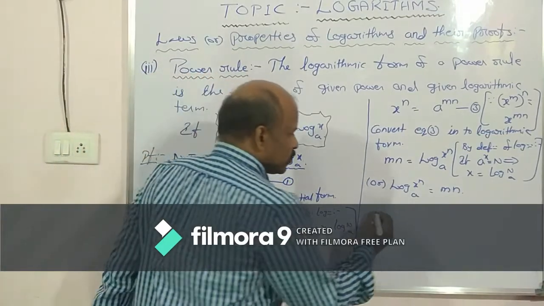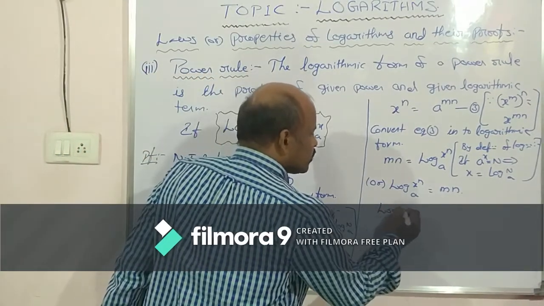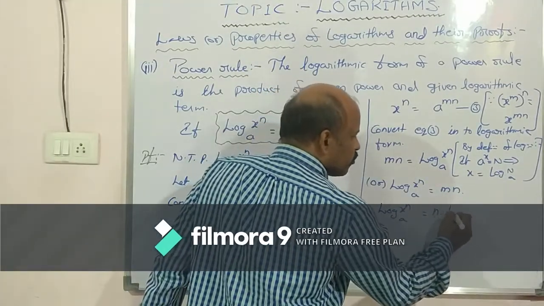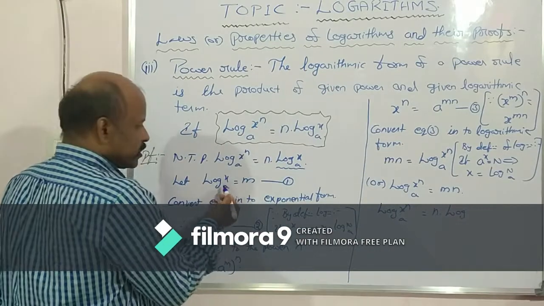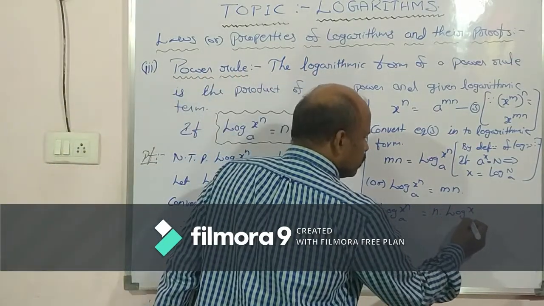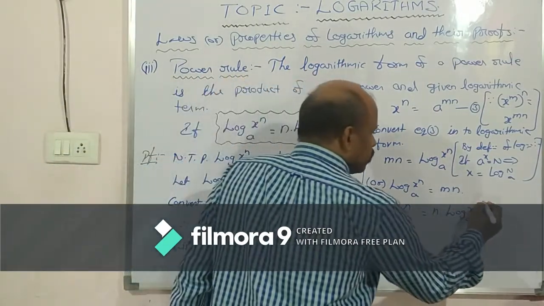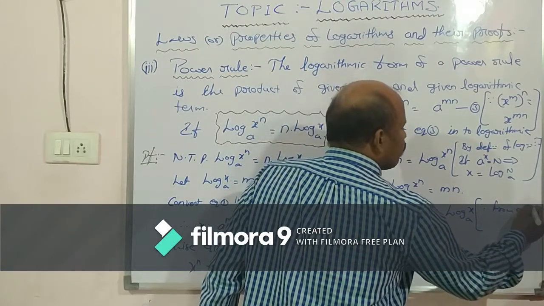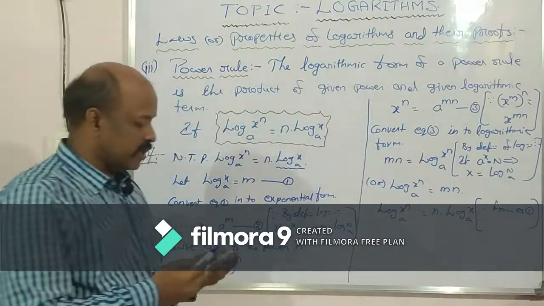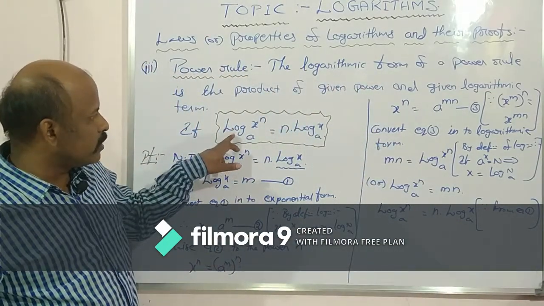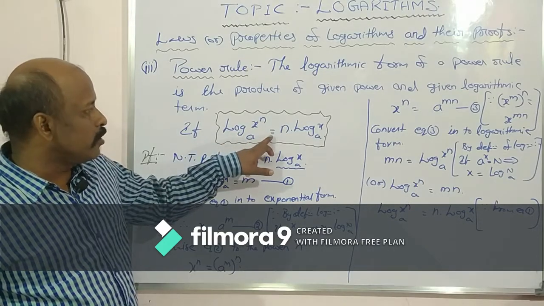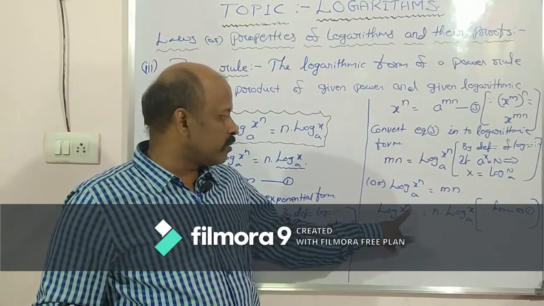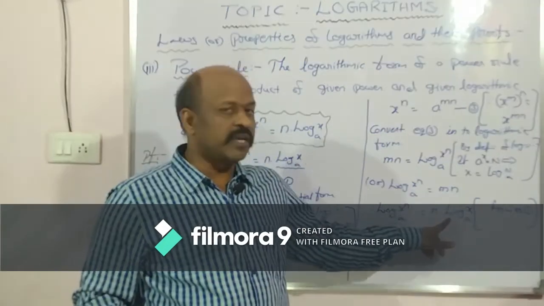Log x power n base a is equal to n, and instead of m, I write log x base a, from equation number 1. So what we have to prove here? Log x power n base a is equal to n into log x base a.